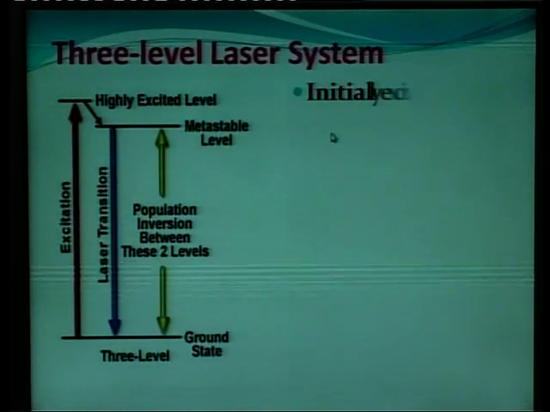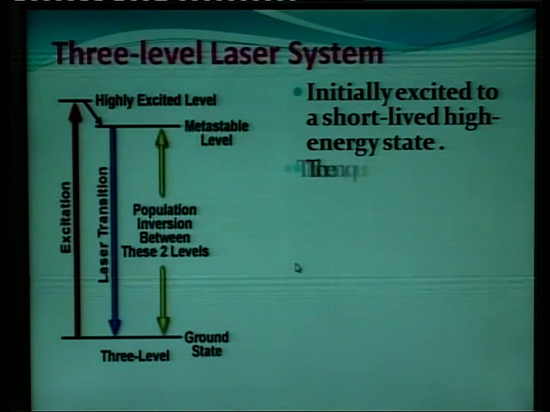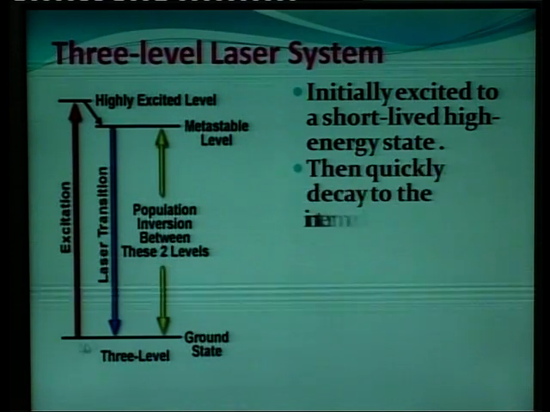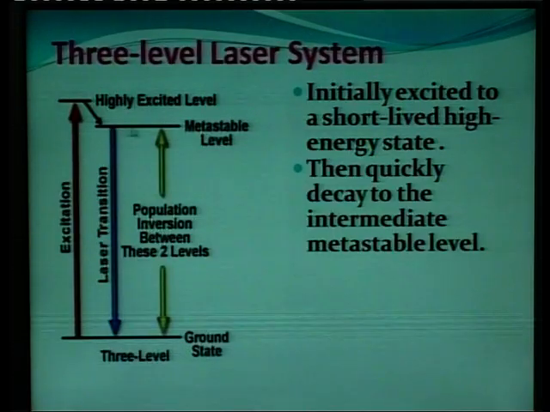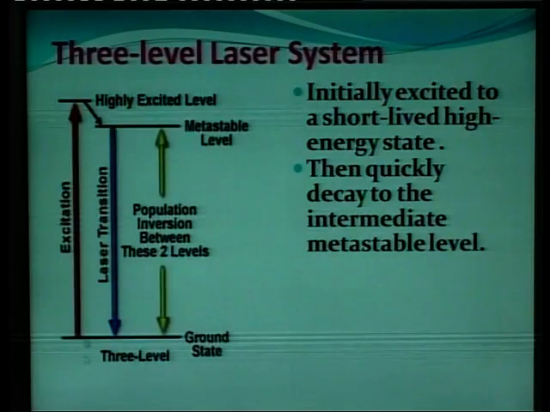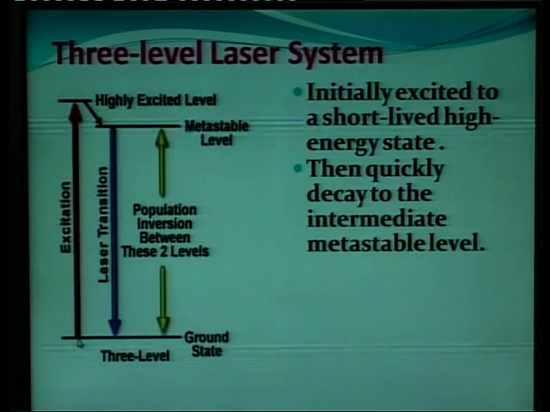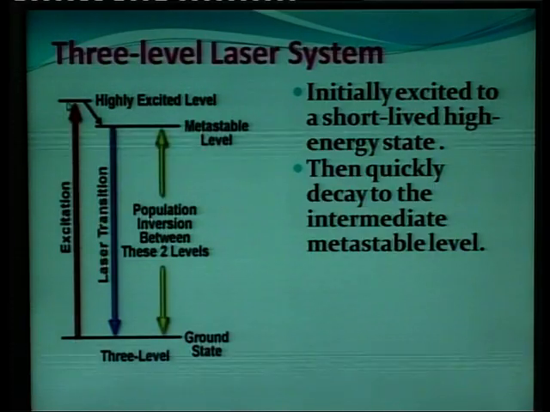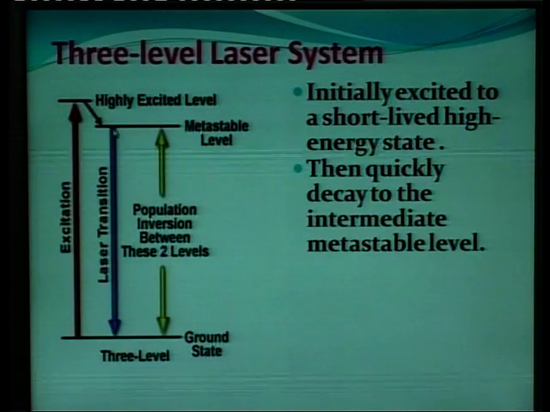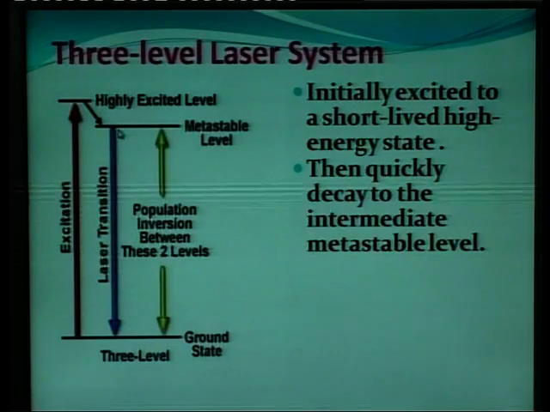So now this is a 3-level laser. Here 3 energy levels are used. So ground state, this middle one is the metastable level and this is the highly excited level. So excitation is between the first and third one. That means by absorption atoms jump from ground to this excited level. Then by spontaneous emission they come to the metastable level, and this lasing action occurs between the metastable state and ground state.